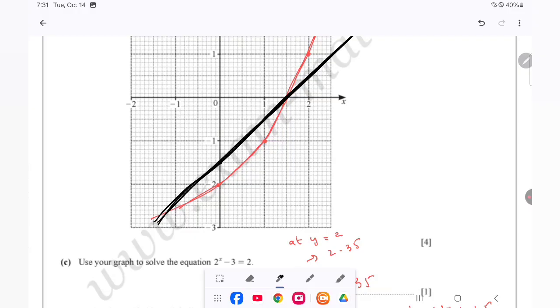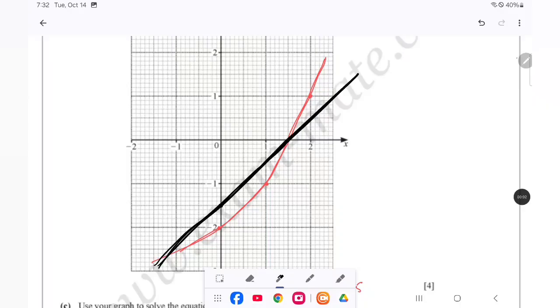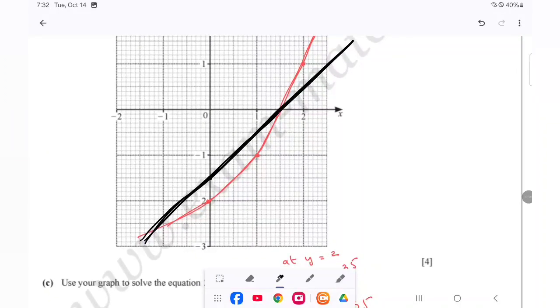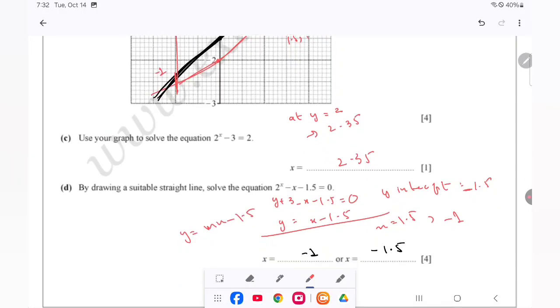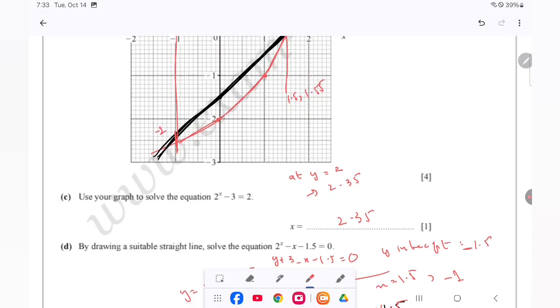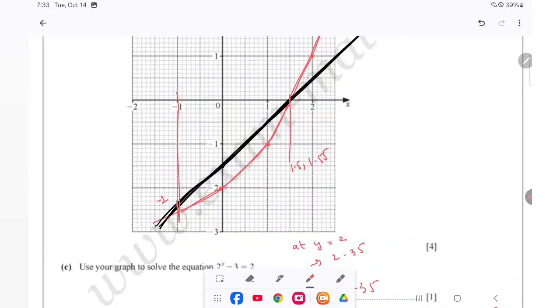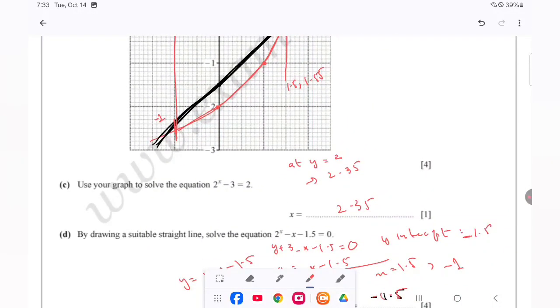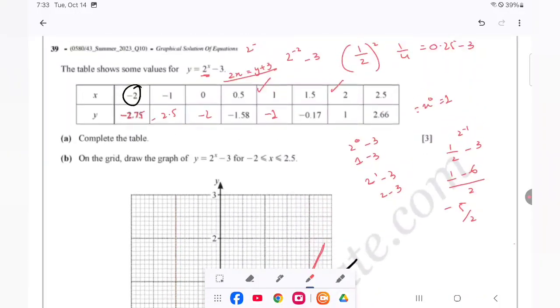With the help of this straight line, we first calculated this point for x which is negative 1, and for this one, 1.55 something. So that's how we calculated the two values of x with the help of the straight line. And this is the solution of question 39.